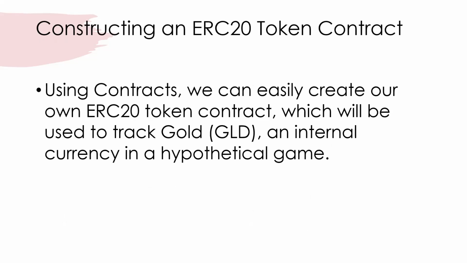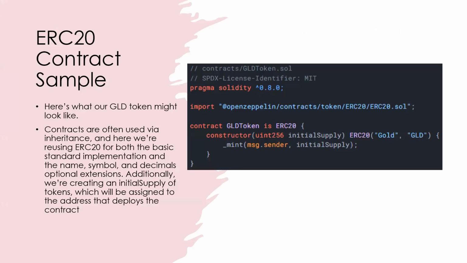So I'm going to show an example of constructing an ERC20 token contract for a hypothetical game where you could use gold as the currency. So this is an example. You have a Solidity contract here, like we talked about.